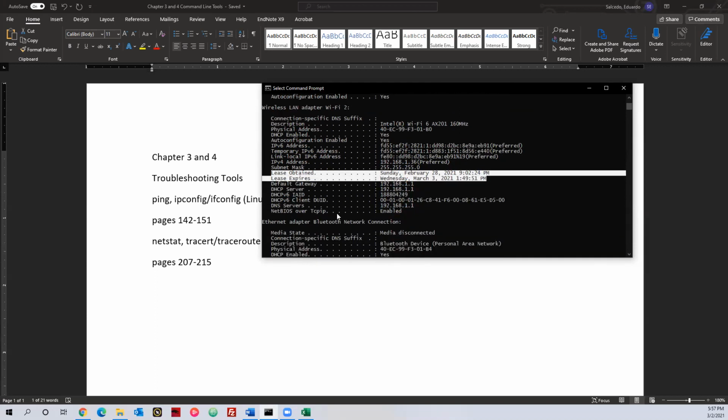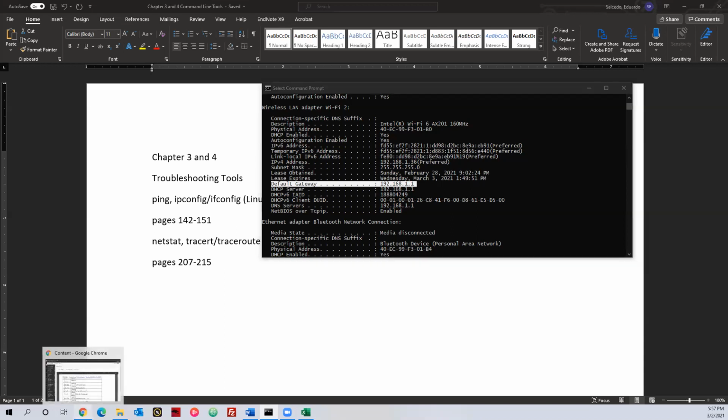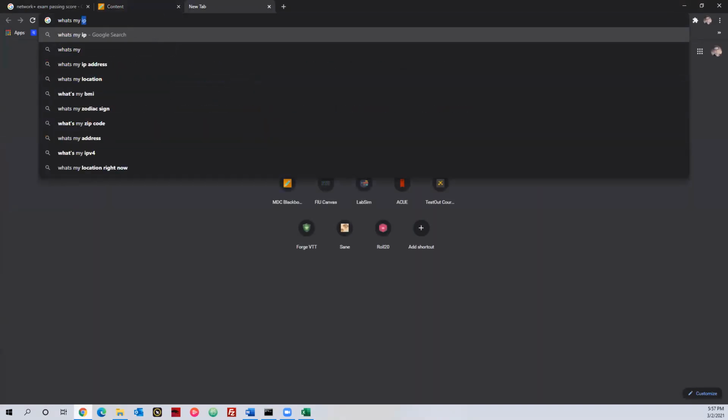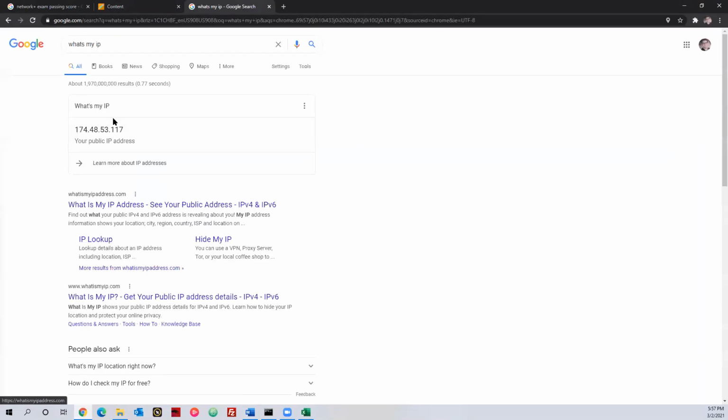No, it's the router's network to go outside to the internet. Yes, but that's my internal, right? My local network address, because my actual IP is different.